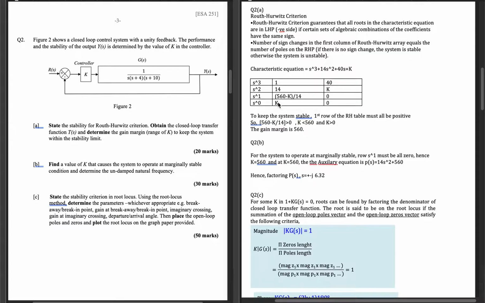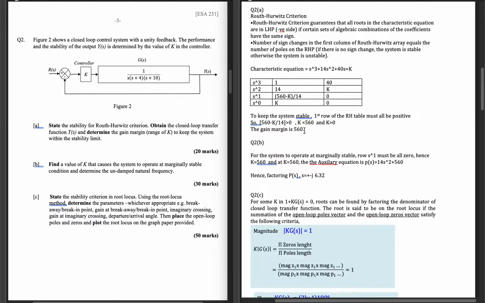Then for the next row, the same column, we need to keep this positive value as well, right? So K must be greater than 0 in this case. So the gain margin, or the range of K to keep the system stable, is between 0 and 560.